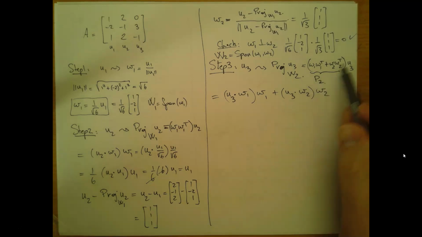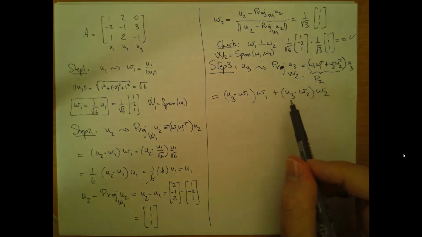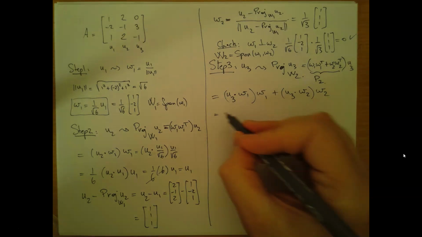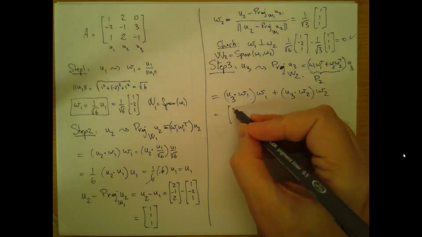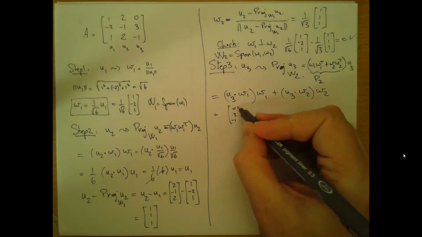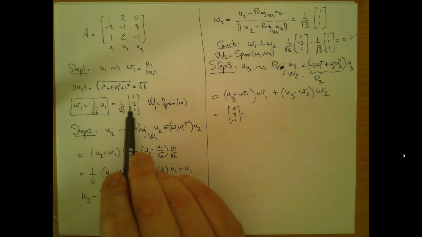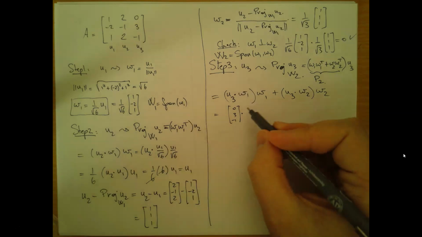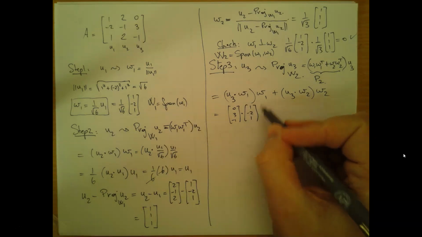This is the equivalent thing, but a little bit more manageable. So we need to take u3, which is (0, 3, -1), dotted with w1, and it's got a root 6 in front, and then assign it to w1.